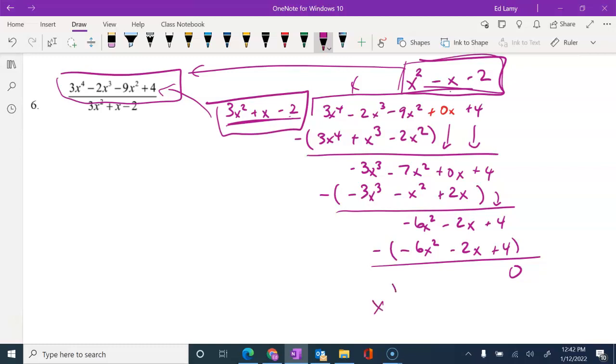The quotient, x squared minus x minus 2. That was what I asked for, but I want you to be on your toes for when the remainder is 0. We have just found factors. That's important. All right, so if you have any questions, you can email me, and I'll see you in class.